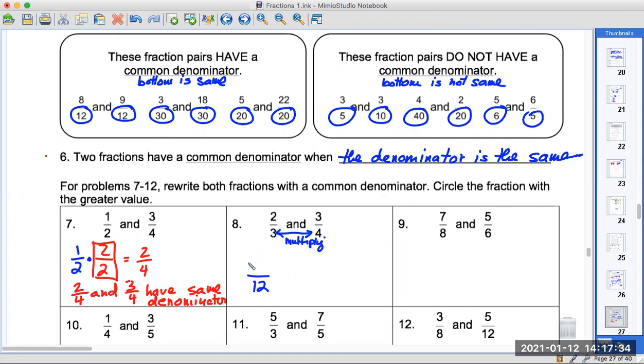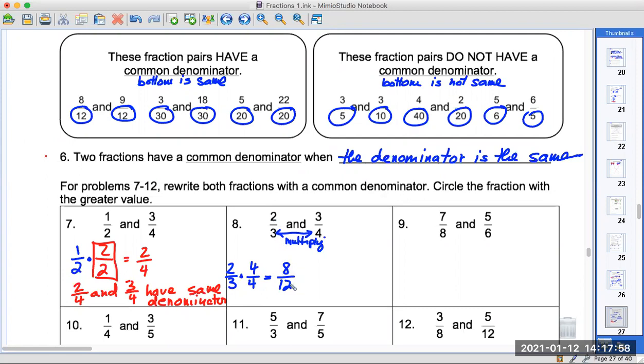So if 2/3, how do I get to the 12? Three times what makes it 12? It's a 4, right? 3 times 4. So 2 times 4 is 8.